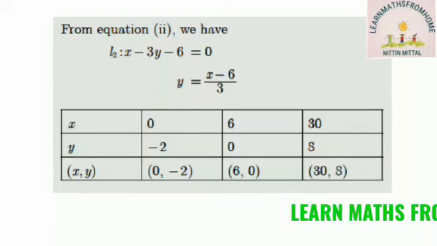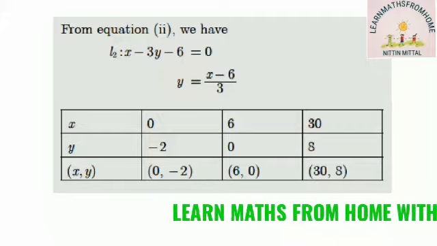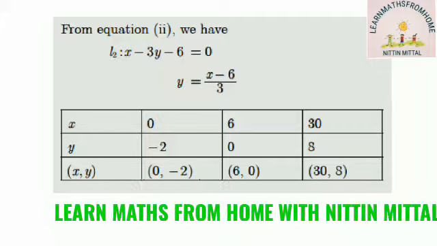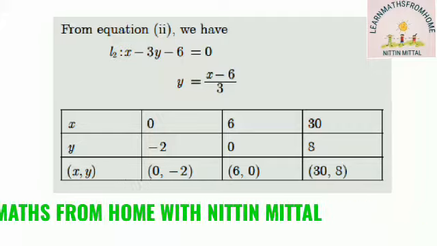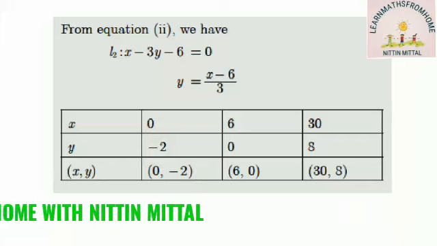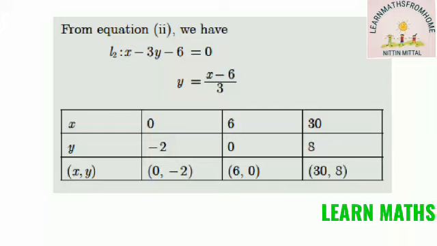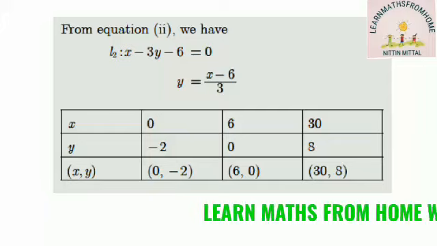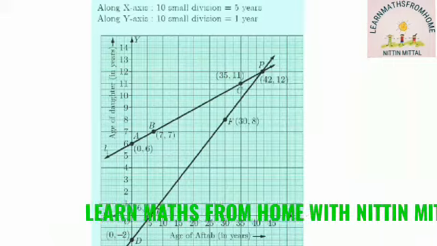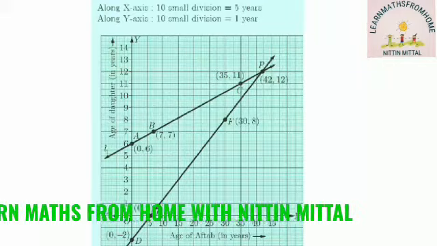Now similarly we will find three solutions for equation 2, that is x minus 3y minus 6 equal to 0. As you see, (0, minus 2), (6, 0) and (30, 8). And then we will plot on the Cartesian plane and we will get the graph.